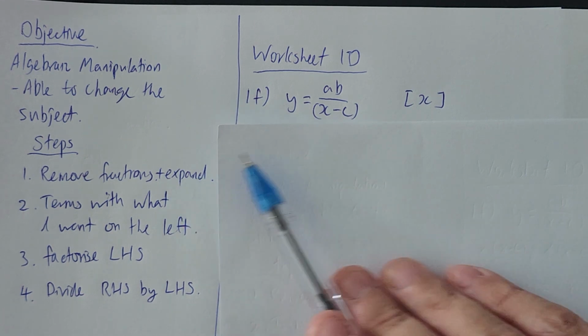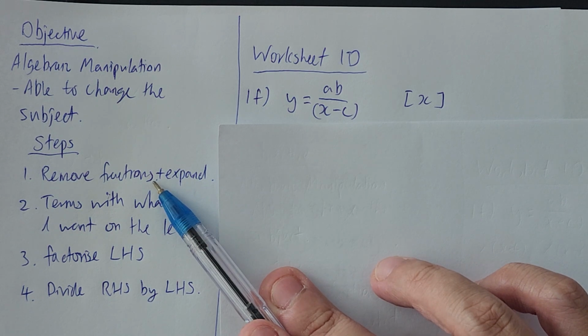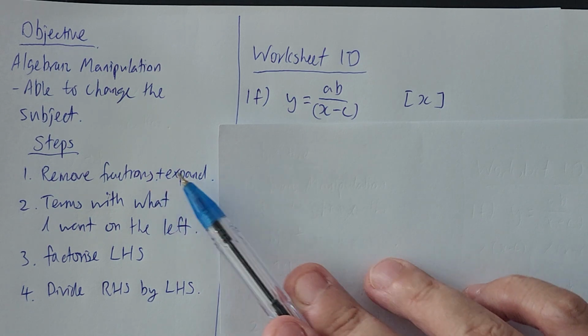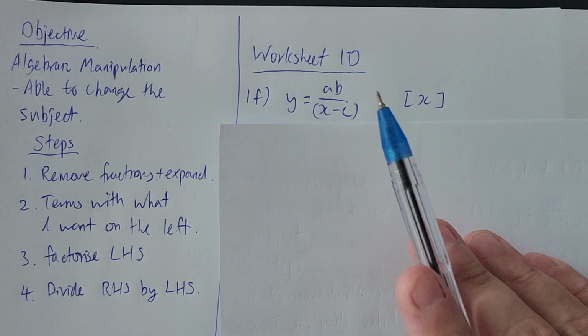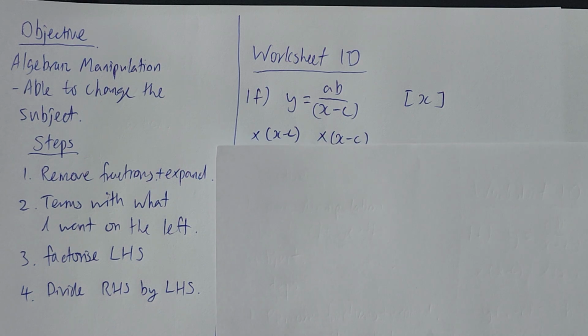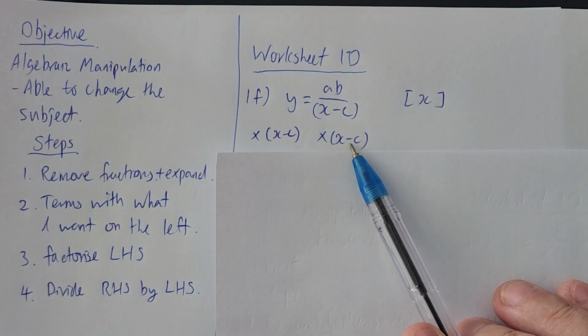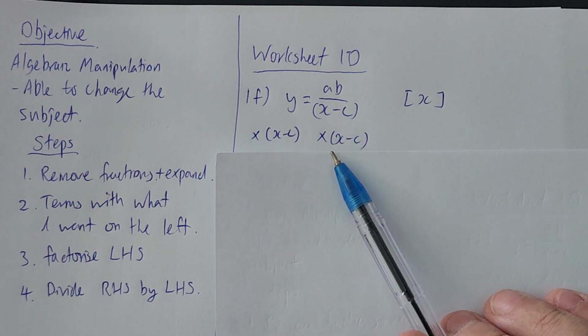First thing, we observe the equation and see if there are any fractions. If there are, I need to remove them, and after I remove them, I will need to do expansion. So how do I remove this? For an equation, remember there's only one rule, and that is doing the same to both sides. So to remove the fraction, I multiply by the denominator on both sides.